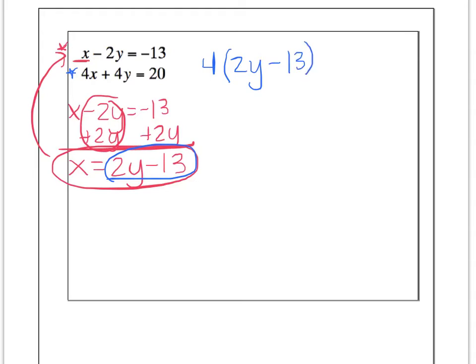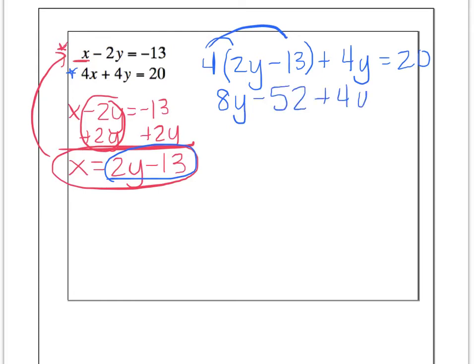I'm going to copy the rest of the problem, the plus 4y and the equals 20. I'll distribute, which gives me 8y minus 52 plus 4y equaling 20.